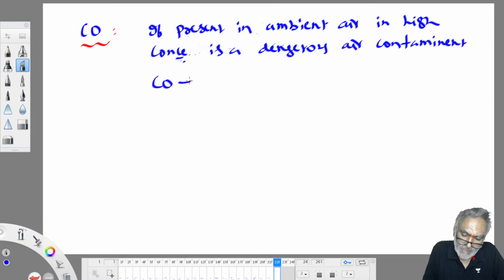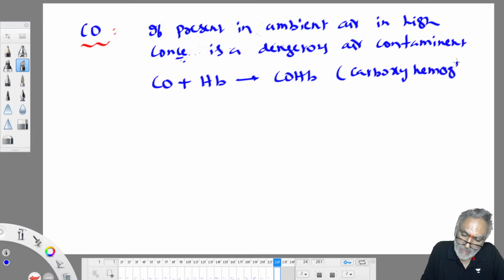So carbon monoxide reacts with hemoglobin of the blood and forms carboxyhemoglobin. If you inhale carbon monoxide, once it gets into your body it reacts with hemoglobin instead of oxygen.